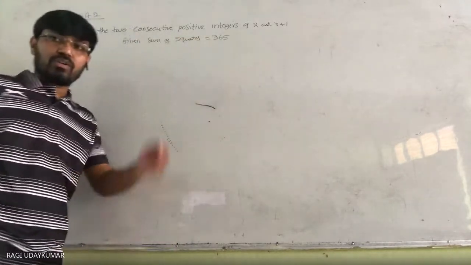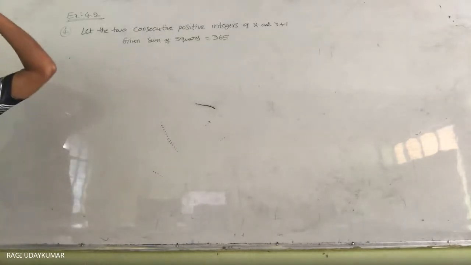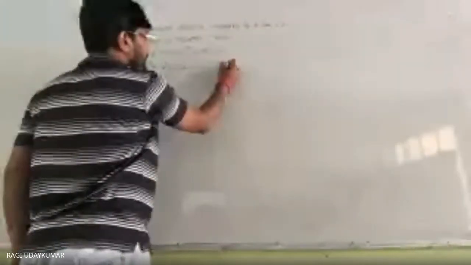Is it visible to you now? Yes, sir, very clearly. x square plus (x plus 1) whole square equals 365. Sum of the two squares. So in this situation, x square plus 2x plus 1 equals 365.